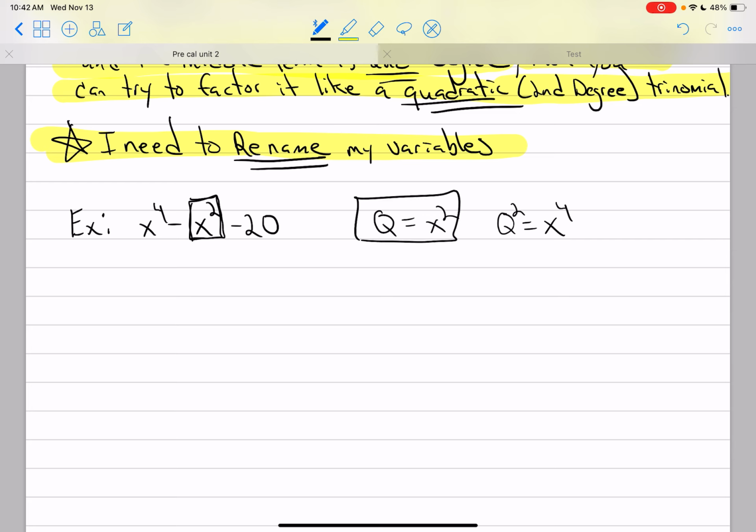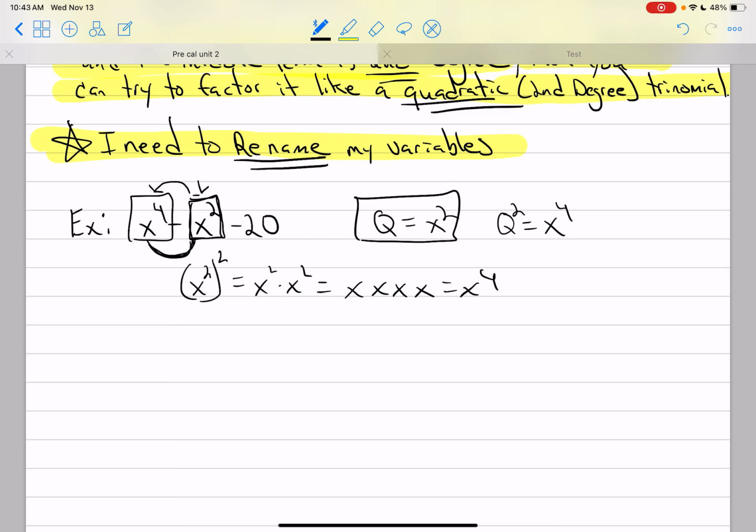And notice that x squared times x squared is x to the 4th, right? So it's the relationship between x squared and x to the 4th. X squared times x squared, which is 1, 2, 3, 4, is x to the 4th. So if I square this piece right here, I get this piece right there, right?